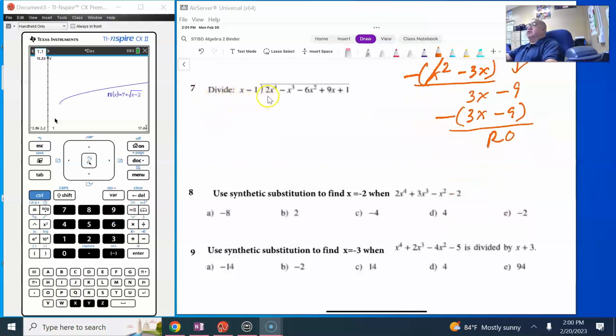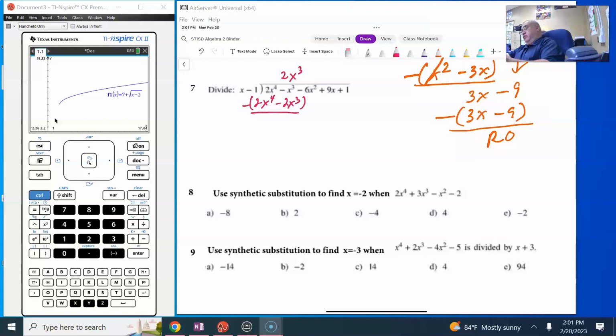Number 7, we have 2x to the 4th minus x cubed minus 6x squared plus 9x plus 1. We're going to divide. So it's going to be, actually 2x cubed, minus 2x to the 4th. You subtract.